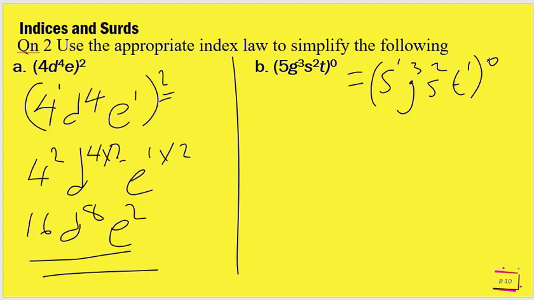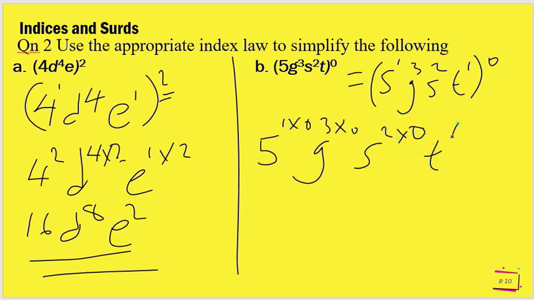So we multiply everything by that power: 5, that is 1 multiplied by 0. Then G, we have 3 multiplied by 0. Then S, 2 multiplied by 0. And finally T, 1 multiplied by 0. So what do you get? We get 5⁰, g⁰, s⁰, and t⁰.